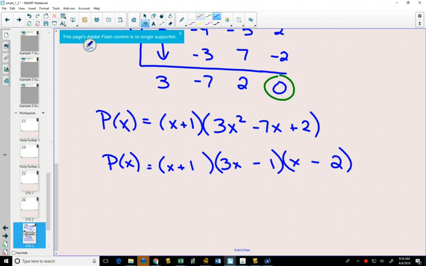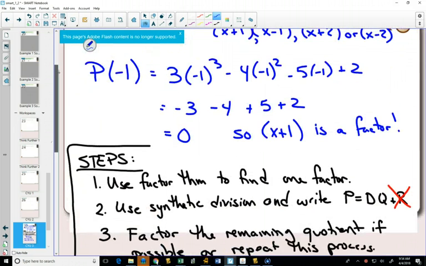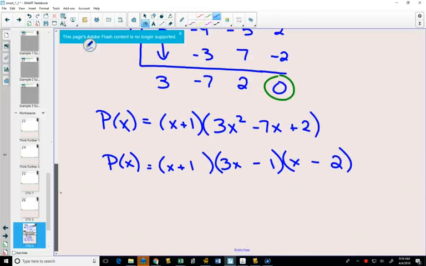Notice in my list, x plus 1 and x minus 2 were listed at the beginning. Those I listed as possibilities, but I didn't list the 3x minus 1. And the reason I didn't list the 3x minus 1 is because if you wanted to use your factor theorem for that one, you'd have to plug in 1/3, which is a fraction, which is just not as much fun to plug in.